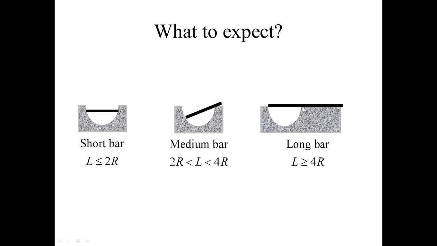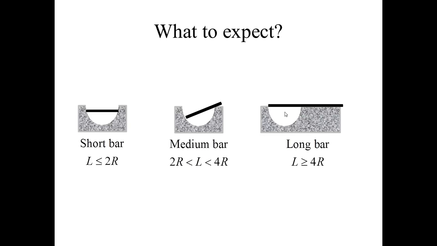It is probably easy to see that if I consider this point as a pivot point, the bar on the left has to be shorter than the bar on the right for this form of equilibrium to exist, and therefore L has to be larger than 2 diameters or 4 radii.